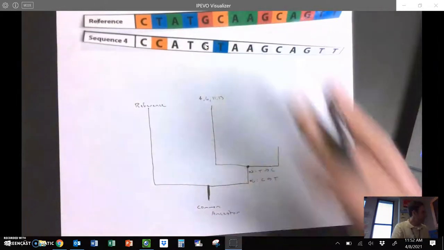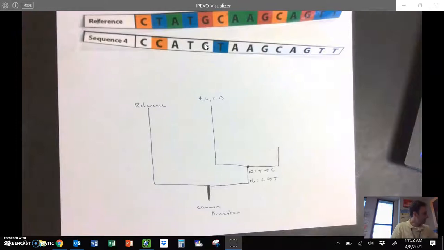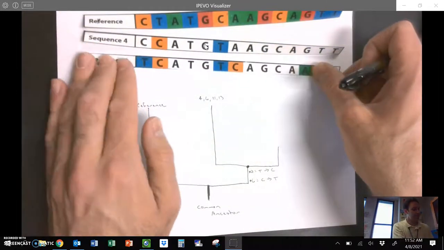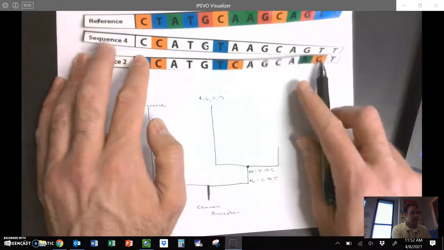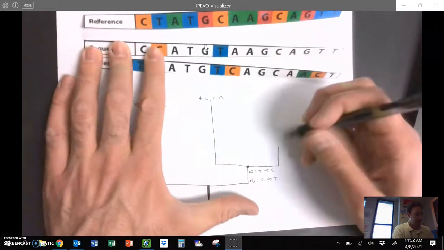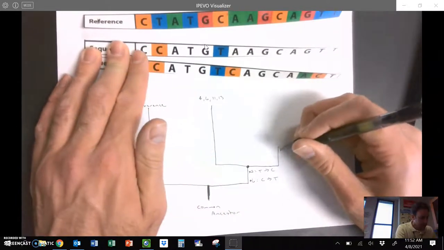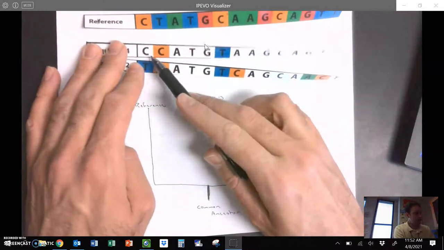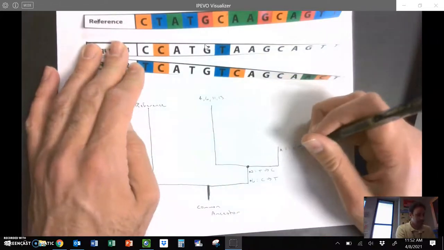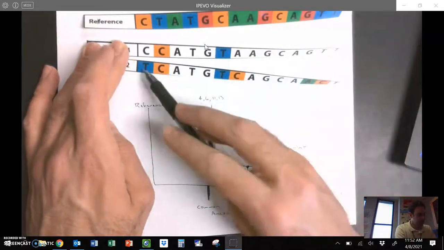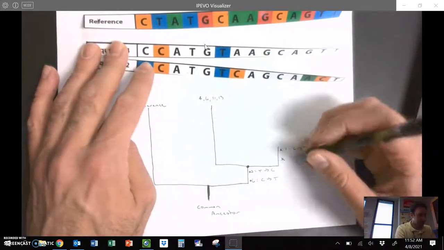So if we go from number 4 to, let's just pick sequence 2 here, all of a sudden we have this new grouping where there's these 4 additional mutations that have taken place. And so those 4 mutations are, at position 1, the C has changed to a T. At position, what position is this? 1, 2, 3, 4, 5, 6, 7.